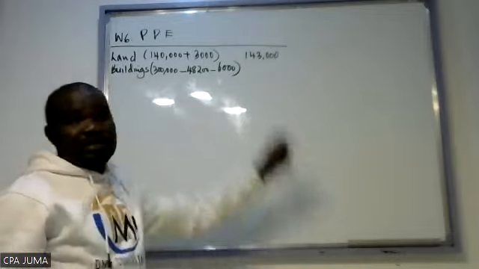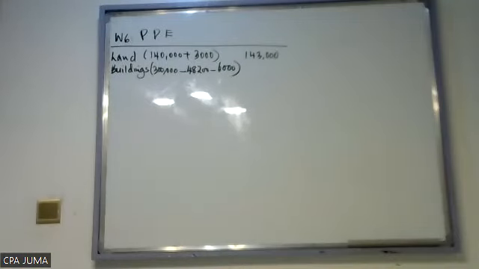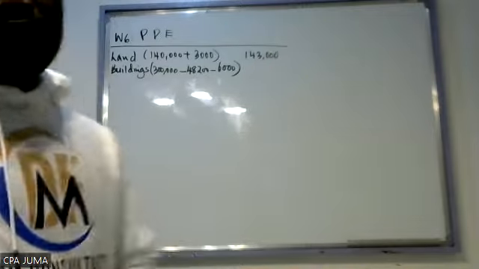So take 300 minus this minus that. Alright, so that is 245,800.